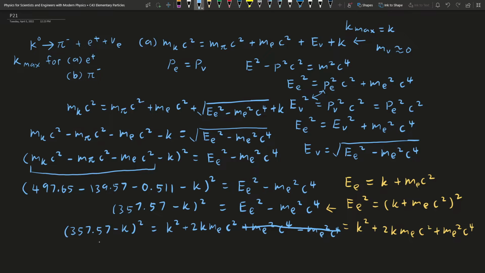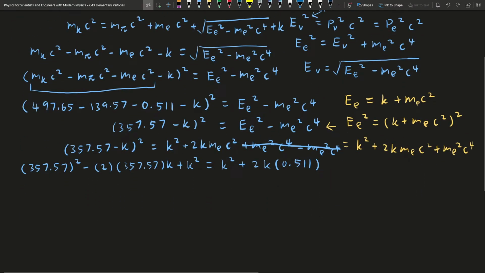Now we deal with this part. We will get 357.57 squared minus 2 times 357.57 K plus K², equals K² plus 2K times the mass of this positron, 0.511.